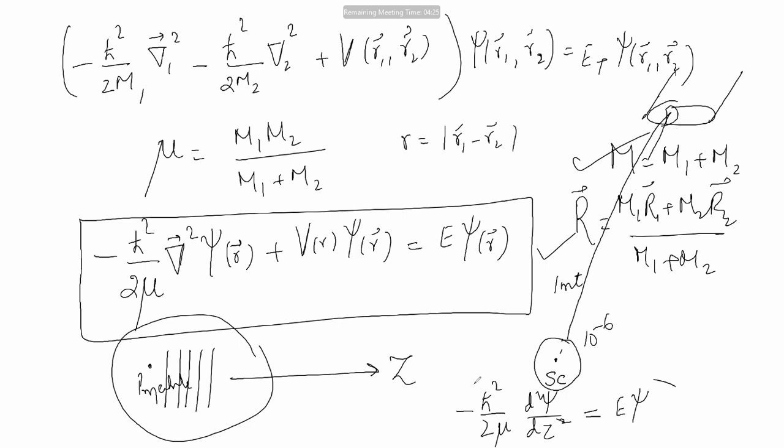And when there is no potential, this is the wave function that we have. Generally what we do is define k incident square as 2 mu E by h cross square, which will give us a second order differential equation, d squared psi incident by dz square plus k incident square psi incident equal to 0.